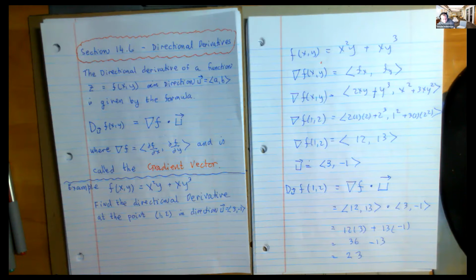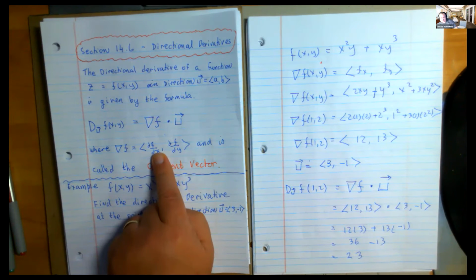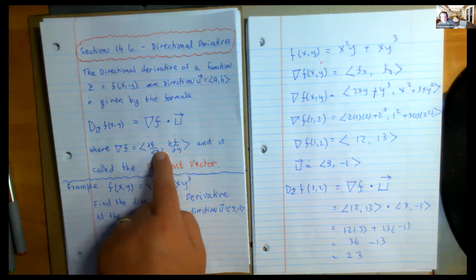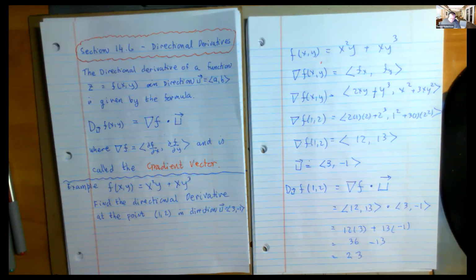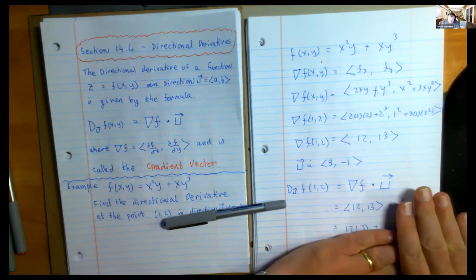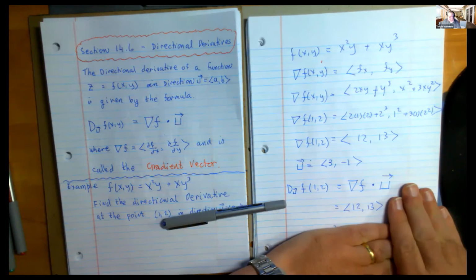The one that's the steepest is the value of this fella here, right? The gradient vector at that given point. See that direction there, 12, 13? That's the direction you would go if you wanted to go the steepest.